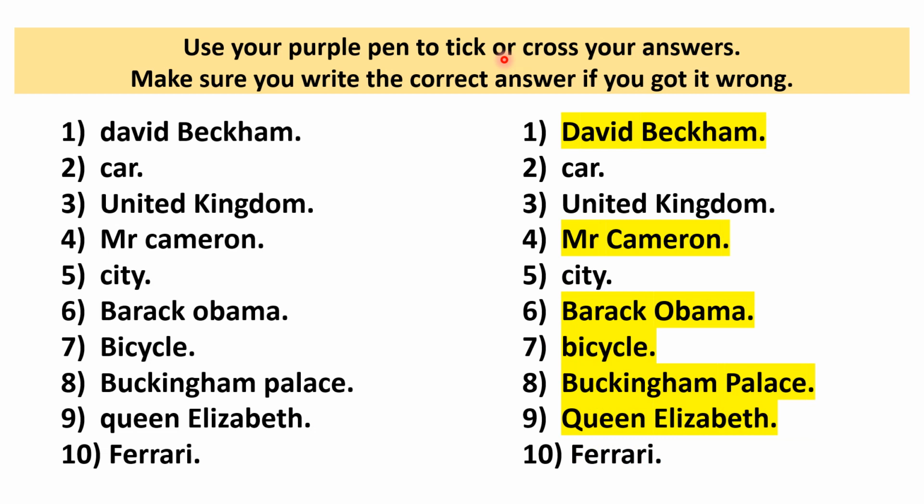So we have these ones that are highlighted that were incorrect and needed to be fixed. The ones that aren't highlighted were fine.